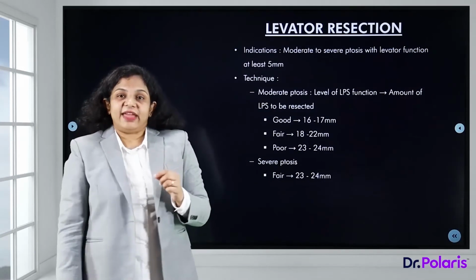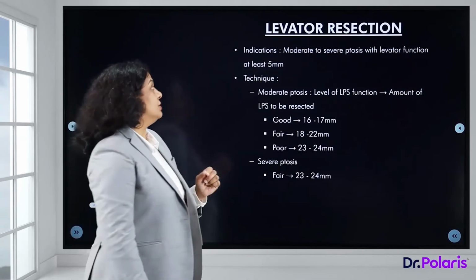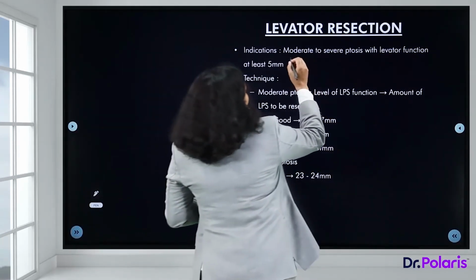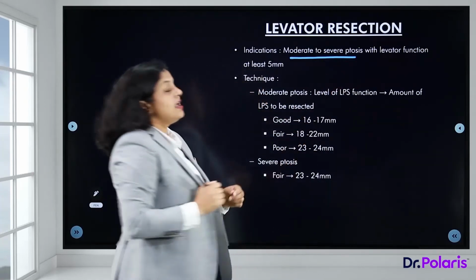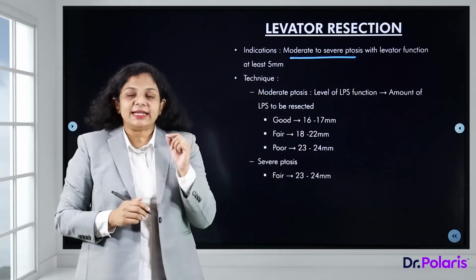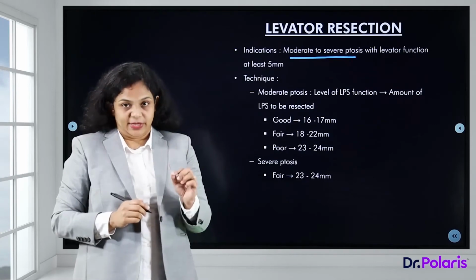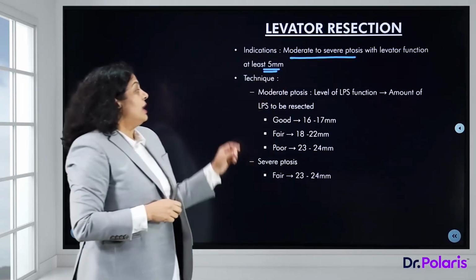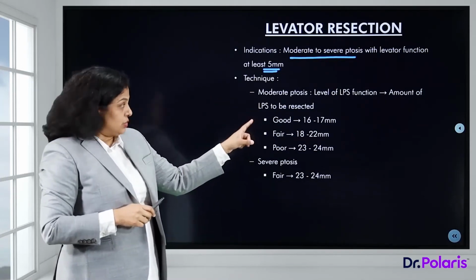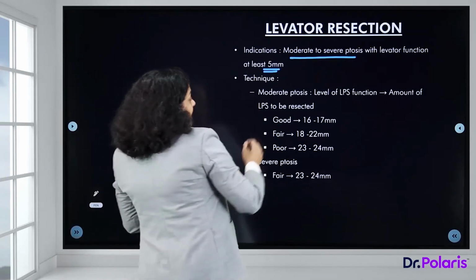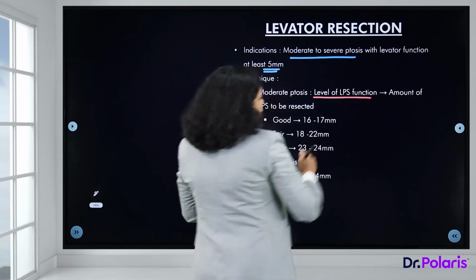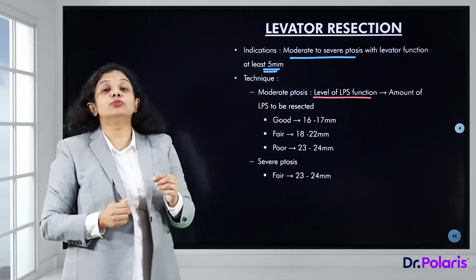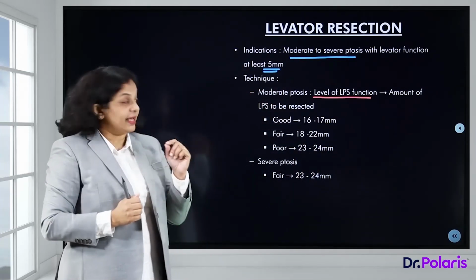Coming on to levator resection procedure. Now basically this is done for your moderate to severe ptosis where your levator function is at least about 5 millimeters. Now if it is a moderate ptosis, the level of LPS function will tell you about how much LPS has to be resected.